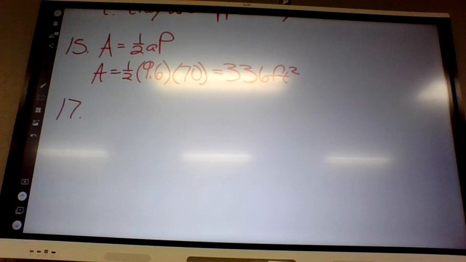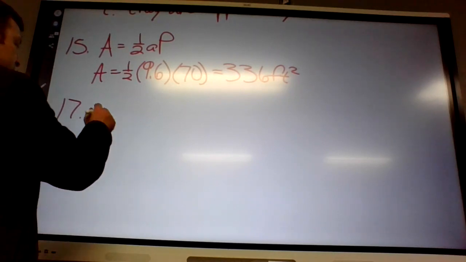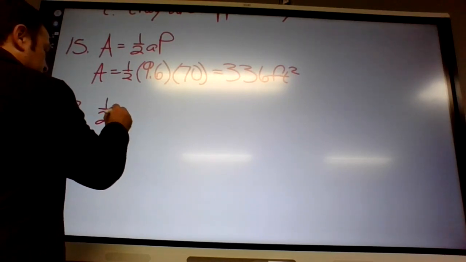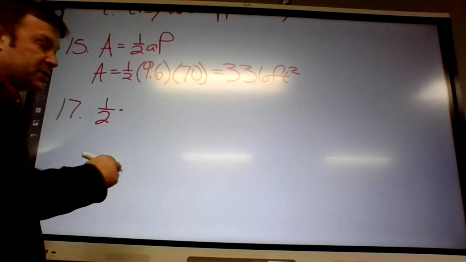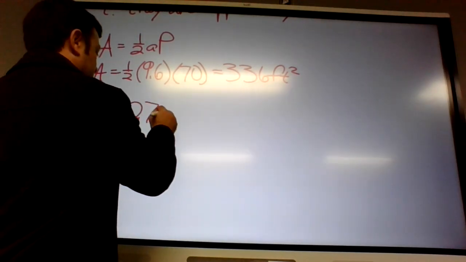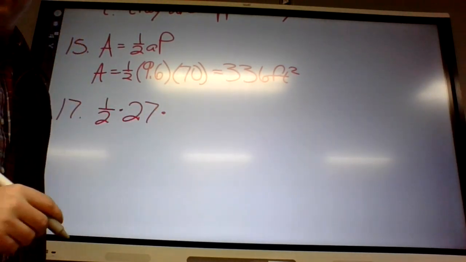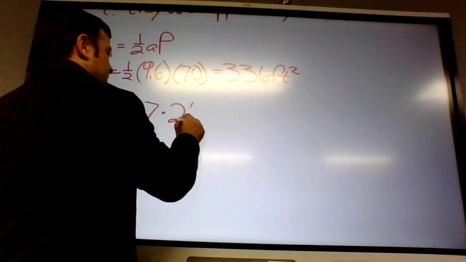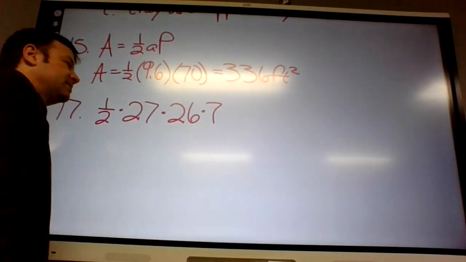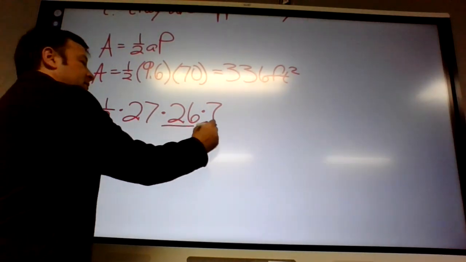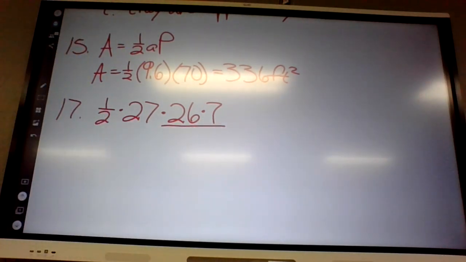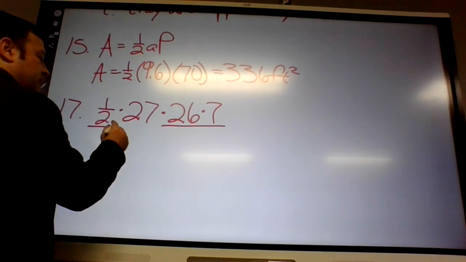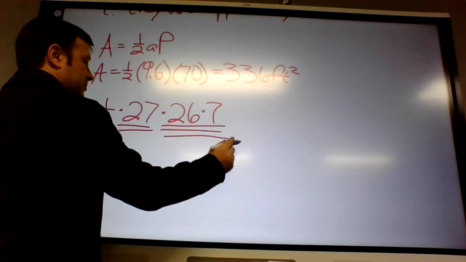So the perimeter is going to be 26 times 7. I'm gonna do 1/2 times the apothem, 27, times the perimeter, which is 26 times 7. So I didn't figure out the perimeter, I just kind of wrote it in there. 1/2 times the apothem times the perimeter.